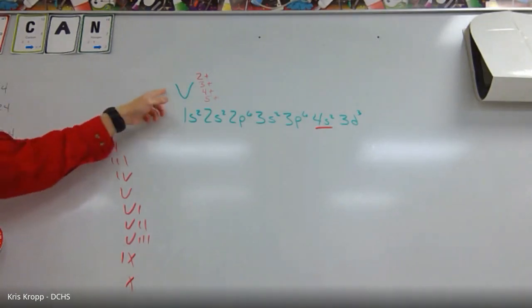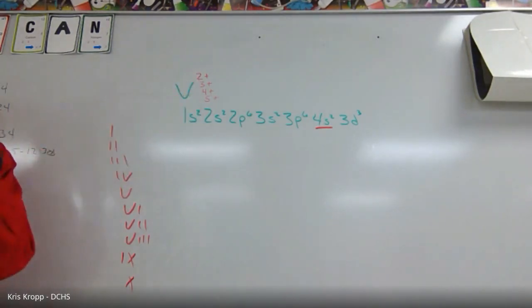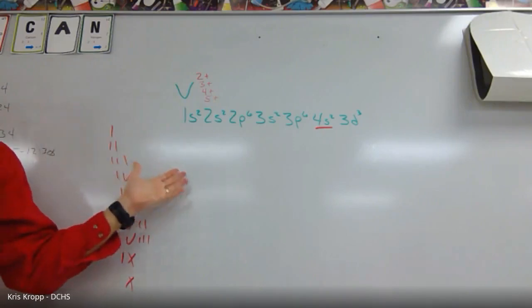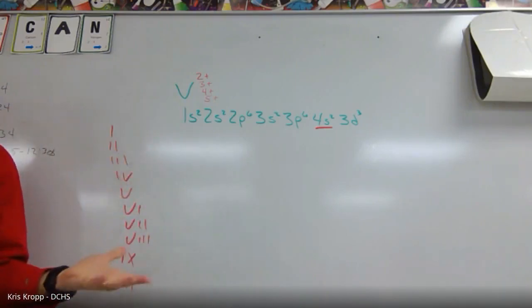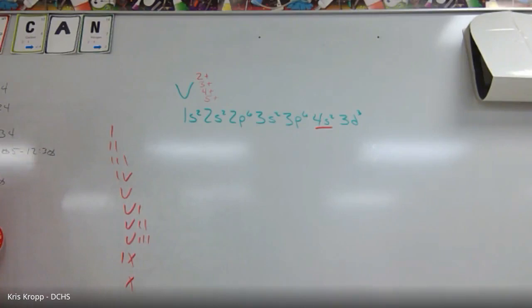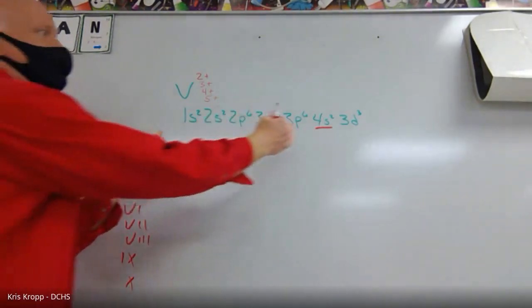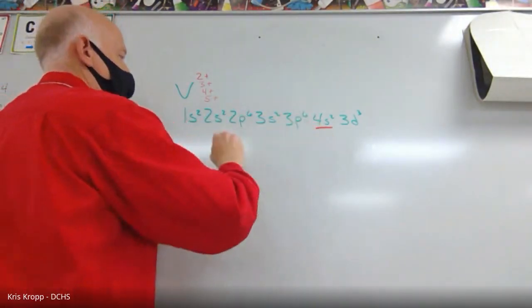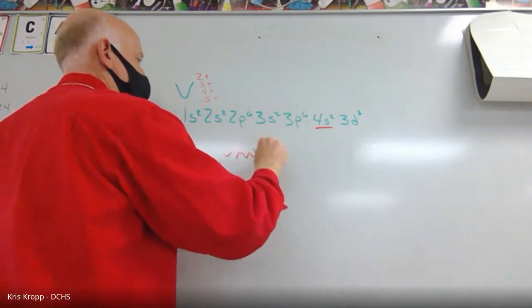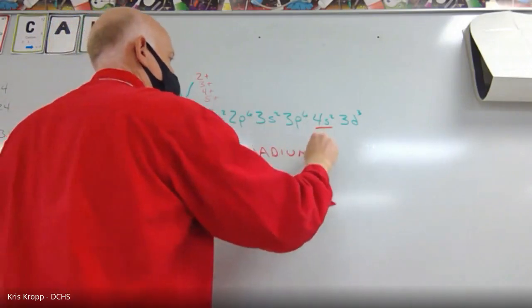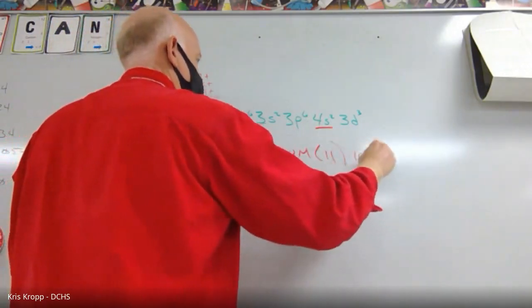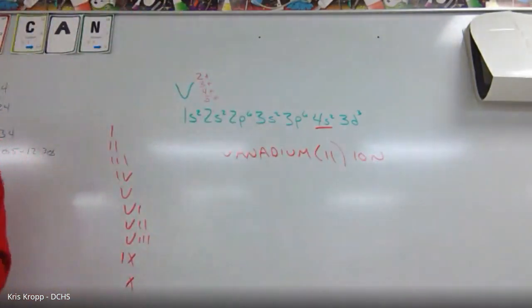So when we name them, we use the different Roman numerals to basically say how many electrons were given away. So if vanadium only gave away its 4s2 electrons, it would be called the vanadium 2 ion. So we would use that Roman numeral 2 with its name.